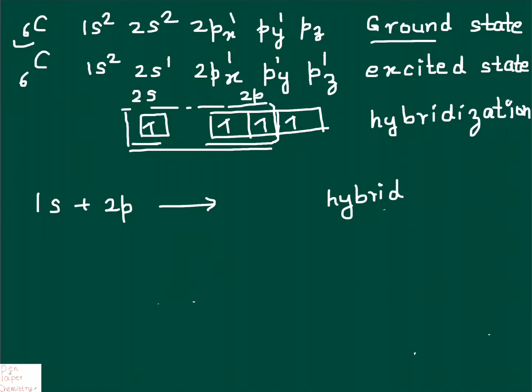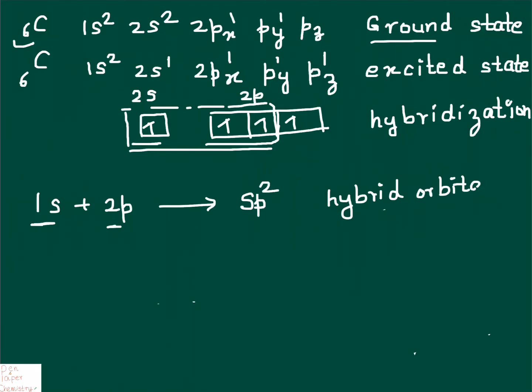Just like you know about the term hybrid, a combination of different things, right? So, different breeds. What name is given to these hybrid orbitals? It is sp2, because we are involving one s and two p orbitals. So, sp2 hybrid orbitals are formed.